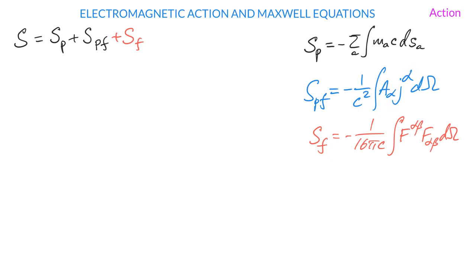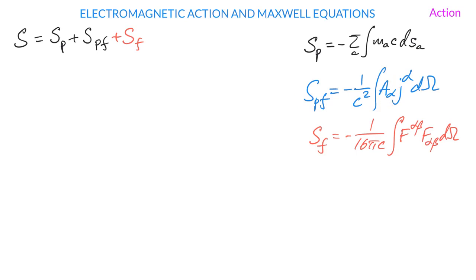And then the last term, S sub f, depends only on the field coordinates, expressed through the derivatives of the four-potentials, not on the potentials themselves, but only on the F tensor, which is the reflection of the gauge invariance of electrodynamics. Of course, the term S sub pf, as we saw before, is also gauge invariant, even though A sub alpha appears explicitly.